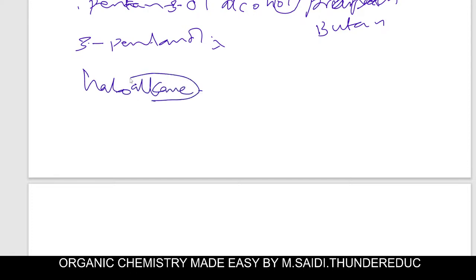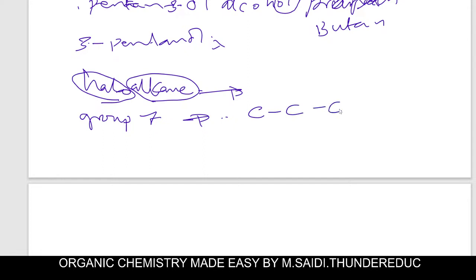They are alkanes, but with a halogen. Halogen is a group 7 element. So if it is an alkane with a group 7 element, you need to know these alkanes have 1, 2, 3 carbons.